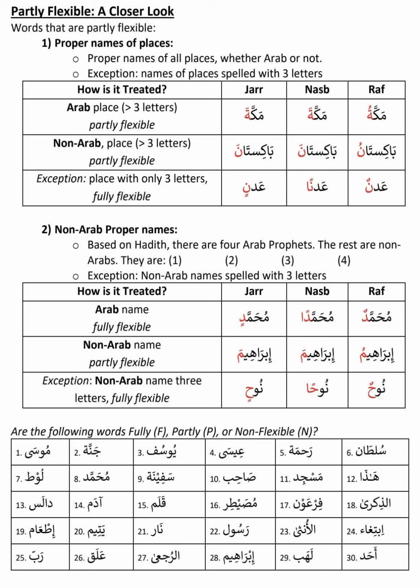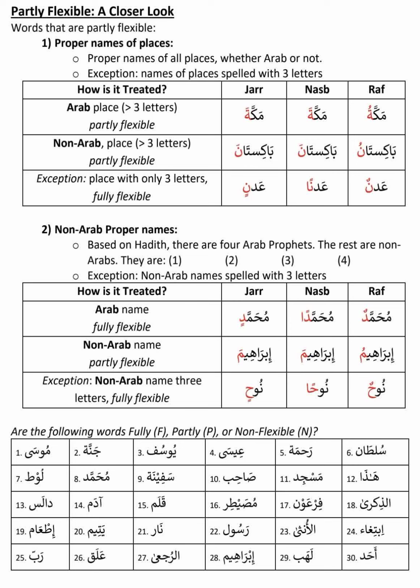But if you say Makkah, there is only one Makkah in the world. The city Makkah is only one. So it's a specific place name. So when it comes to a specific place name, if it is more than three letters, it should be partly flexible. So that is the ruling on partly flexible: the names of places come under the partly flexible category if the letters are more than three.